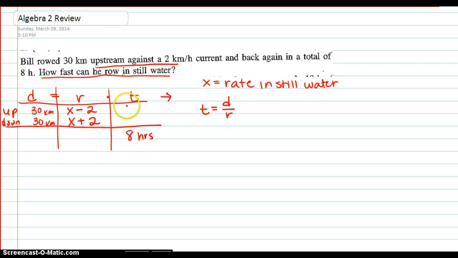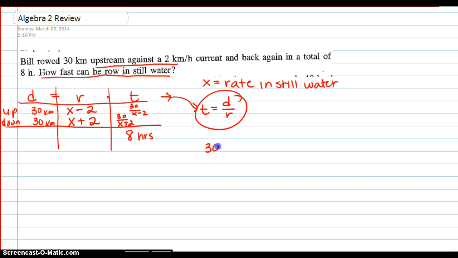Well, the time for the first trip is my distance, 30, over x minus 2. And the time for my second trip, because I'm taking my distance, is 30 over x plus 2. And those 2 times have to add up to 8 hours. So again, I was able to use some algebra to figure out that time is distance divided by rate.